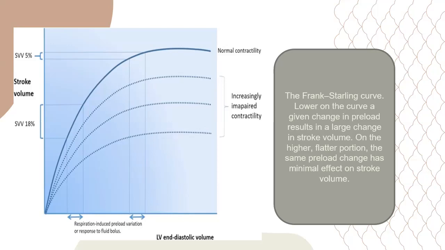But if the patient is more towards the plateau of the curve, this amount of fluid only increases your stroke volume variation by this much. So at this point, you have to think, is it good for me to give more fluids to the patient? Will I do more harm or will I do good to the patient? Okay, so this is what we want to know. So if the patient is on this part, we want to see if the patient can go up here and increase the stroke volume and cardiac output when we resuscitate with a fluid bolus.